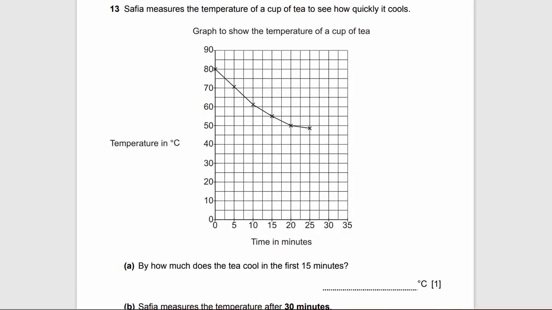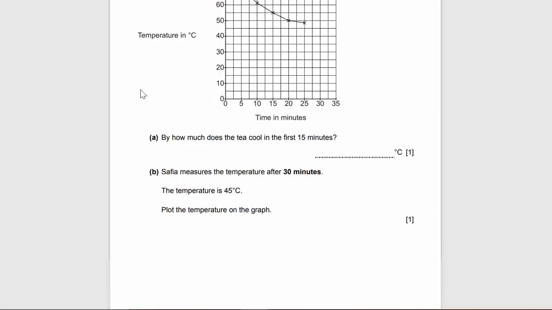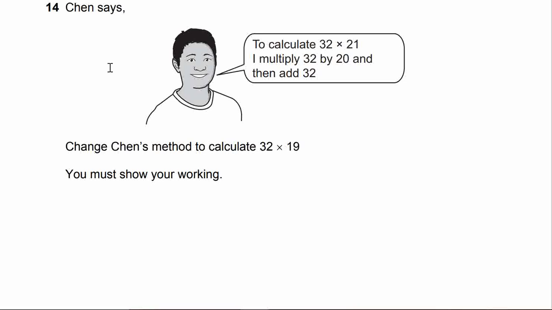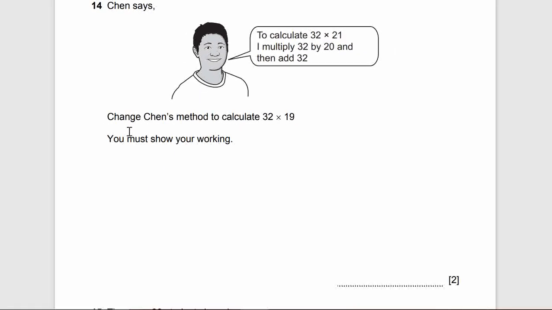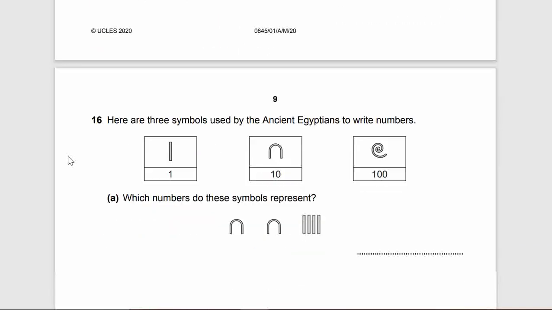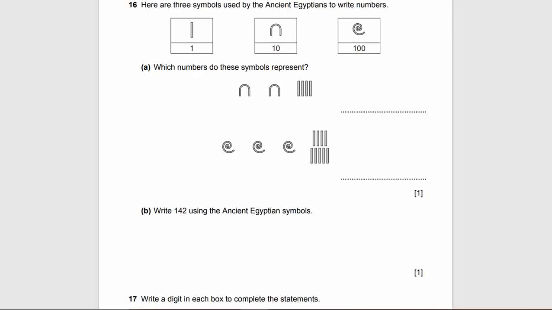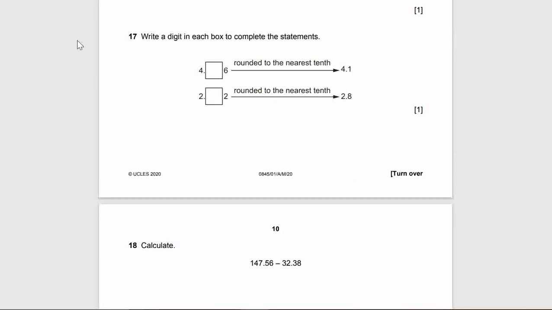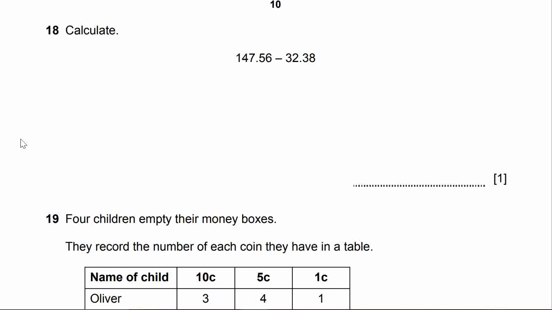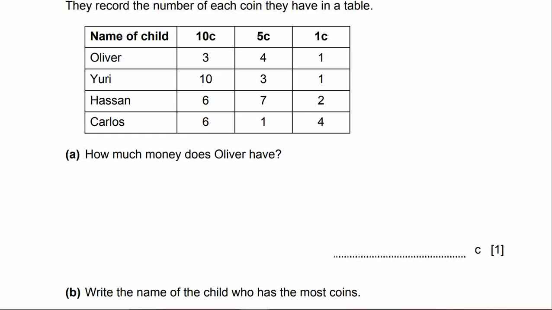The whole question of number 13 is here, 13A and 13B, and this is number 14, and this is number 15, and this is number 16, A and B, and here is number 17, this is number 18, 19, and 19A and B.